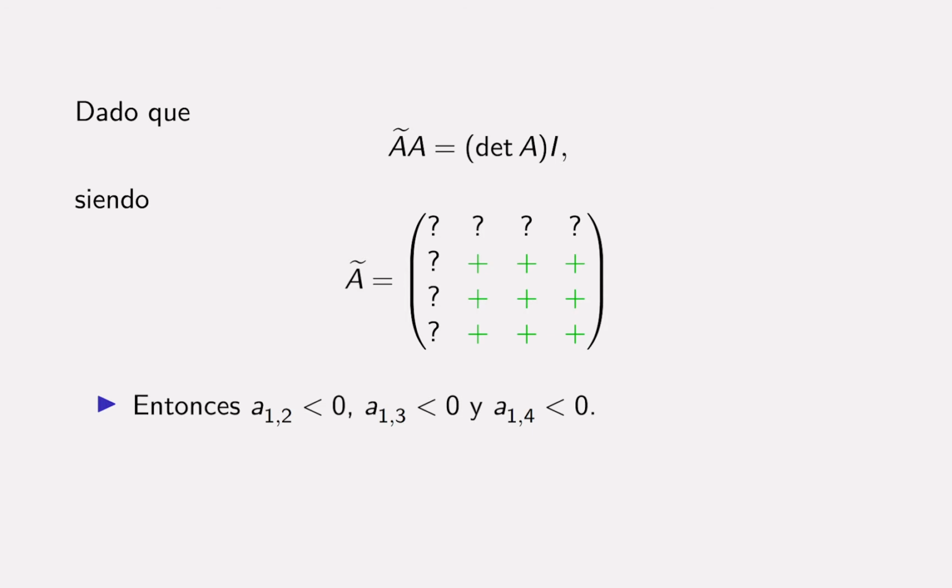Now, by symmetry, or you can just use A tilde A equals the identity, these 3 numbers are going to be negative. Okay, so you have negatives here, but if we use the first row of A tilde times the second column of A, because now you have minus, minus, minus, this entry needs to be plus. Okay, it's just a question of using this identity properly.